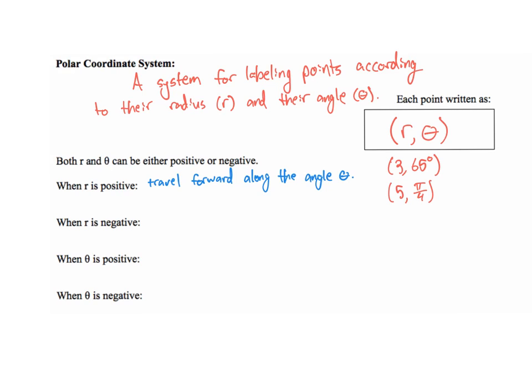And when r is negative, you travel backward, or in reverse, along the angle theta.